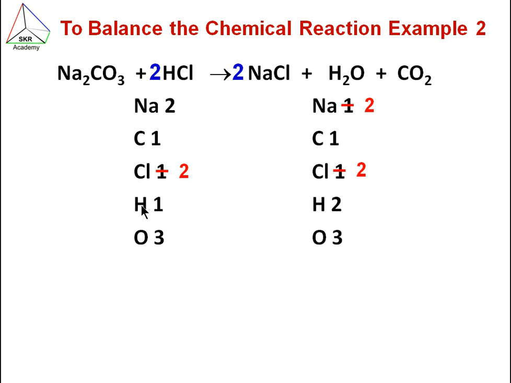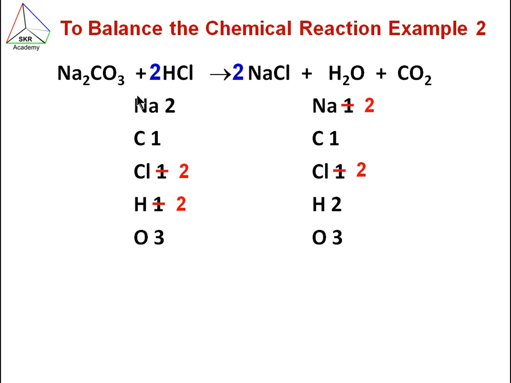Let's see the number of hydrogen. Since we added the coefficient 2 in front of HCl, the number of hydrogen becomes 2 on the left hand side, and the number of hydrogen on the right hand side was already 2, so this is also balanced. What about the oxygen? Oxygen is also already balanced.